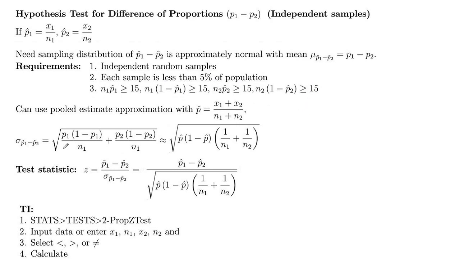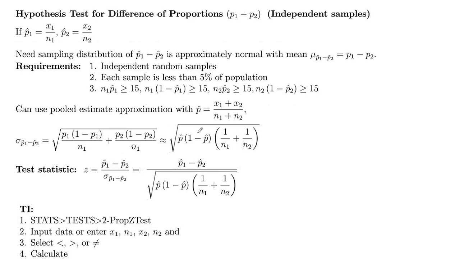Now, when we find the standard error of P1 hat minus P2 hat for hypothesis testing, we're going to use a pooled estimate here, P hat, which is the total successes over total sample size. And then since we don't know P1 and P2 here, instead of using this expression for the standard error, we'll do the square root of P hat times 1 minus P hat times 1 over N1 plus 1 over N2.